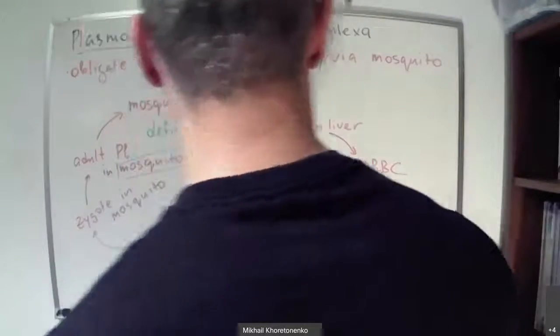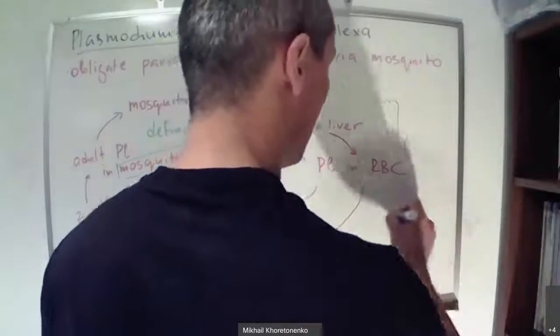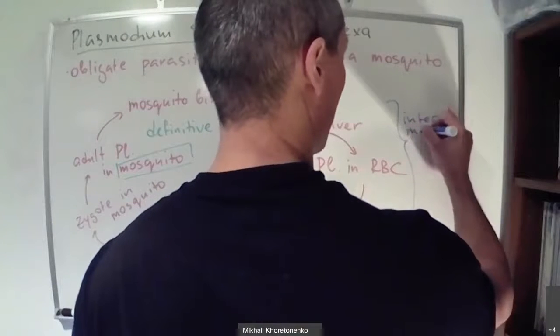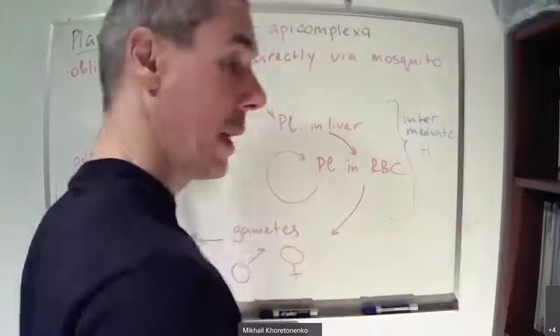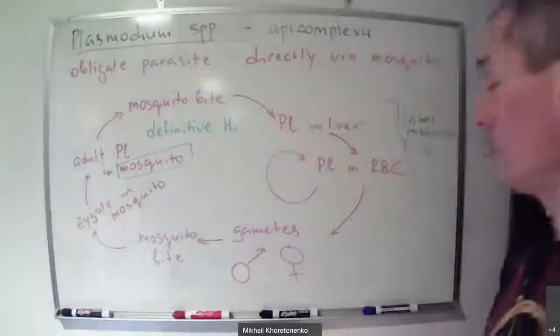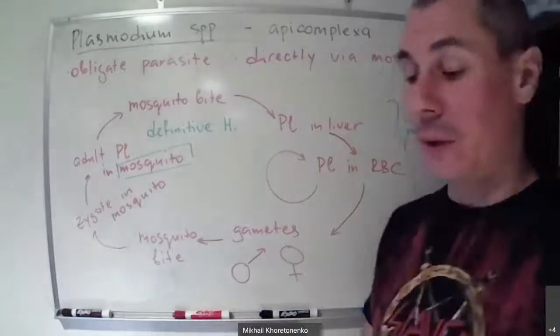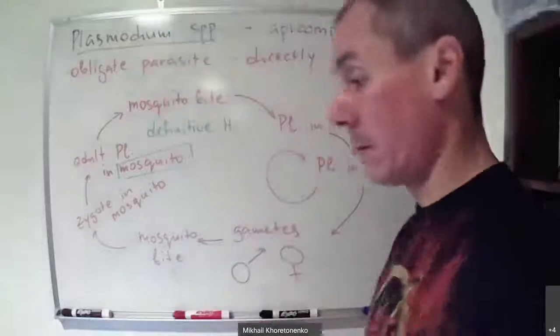The human, I don't have a human here, but you get the gist, is the intermediate host. And we're going to use the terms definitive and intermediate host a lot today. So far, we good?